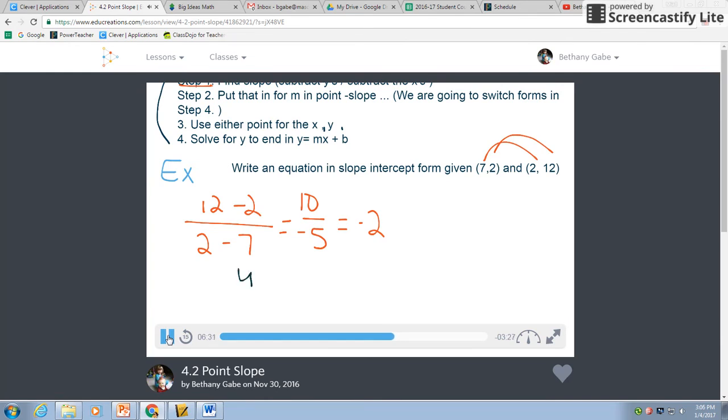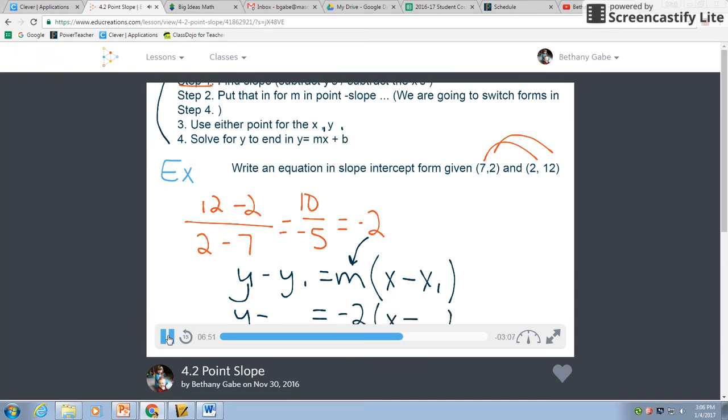So remember, point slope, y minus y1 equals m parentheses x minus x1. So far I can put this negative 2 in for m. So y minus, I'm just going to leave a spot, and then negative 2 x minus, and I'm going to leave a spot. So I have a little fill in the blank here.